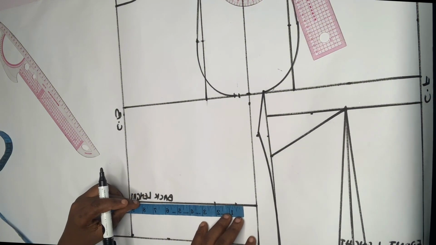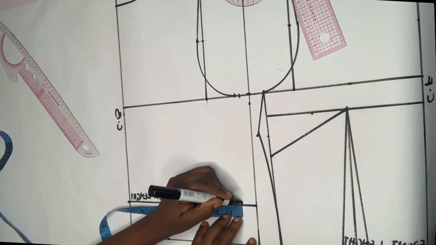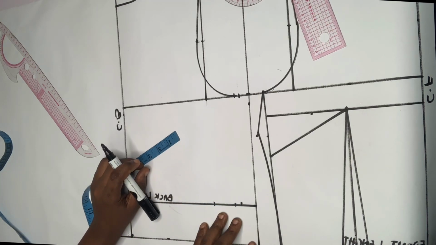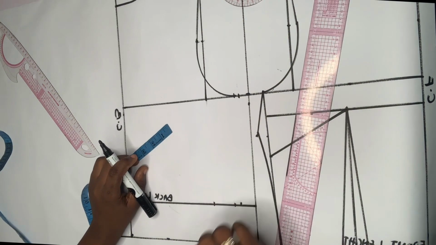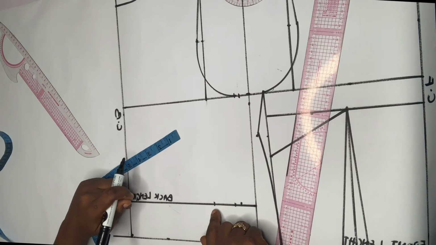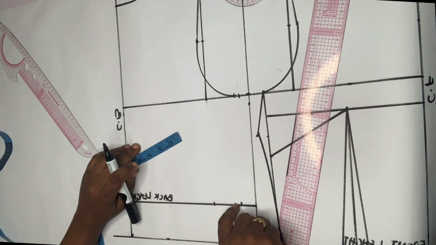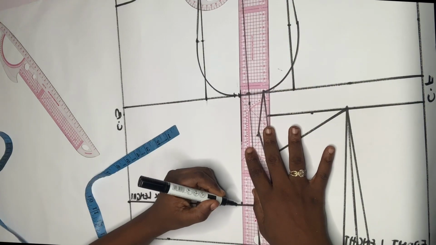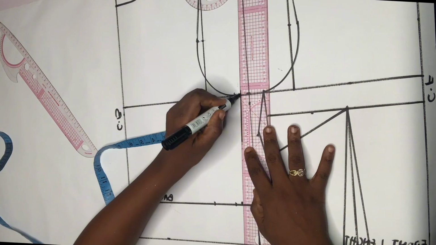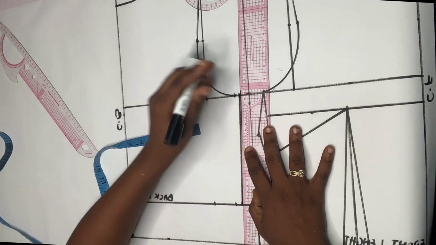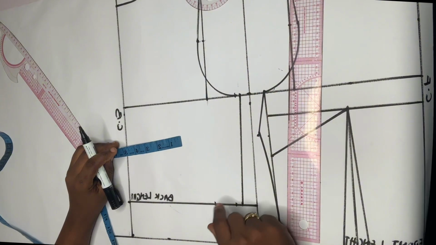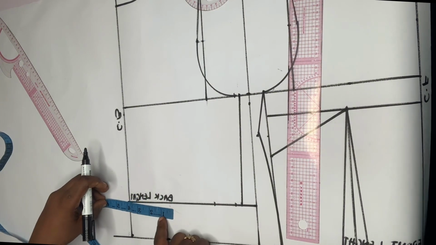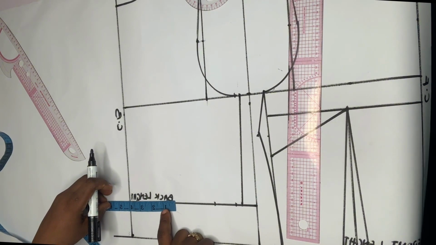We also mark that, and then for our back tightening we'll add the 0.5. Then we'll mark that also and connect this point back to our bust measurement on the chest line. Like I said, 1.5 for the darts, 0.5 for the back tightening will be added on the waistline to the waist measurement for the back, and then we'll connect back to the chest line.